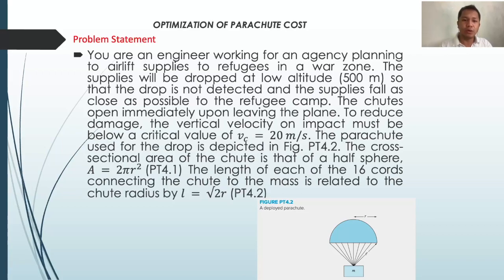The parachute used for the drop is shown in the figure. The cross-sectional area of the chute is that of half of a sphere, that is A equals 2 pi r squared. The length of each of the 16 cords connecting the chute to the mass is related to the chute's radius by length equals the square root of 2r.